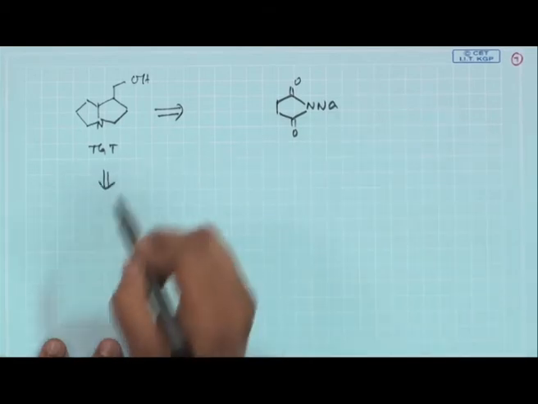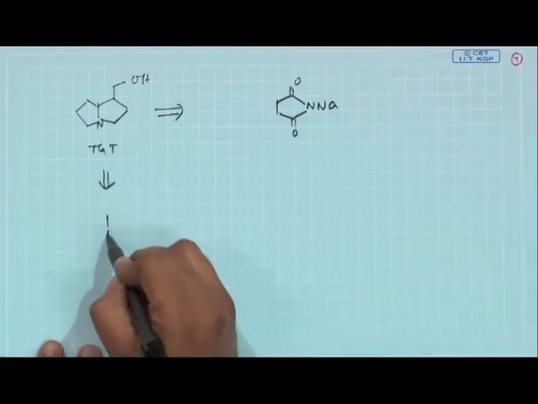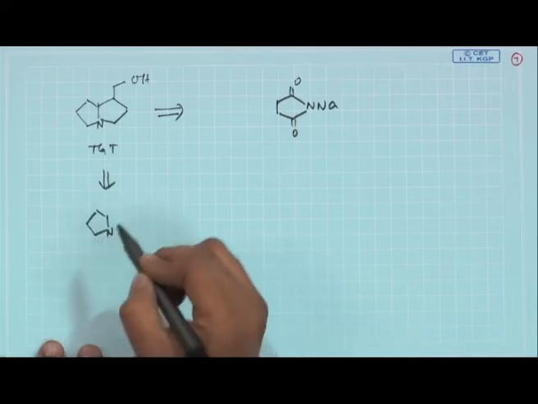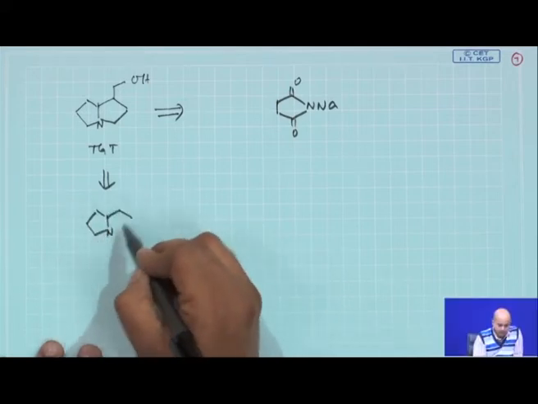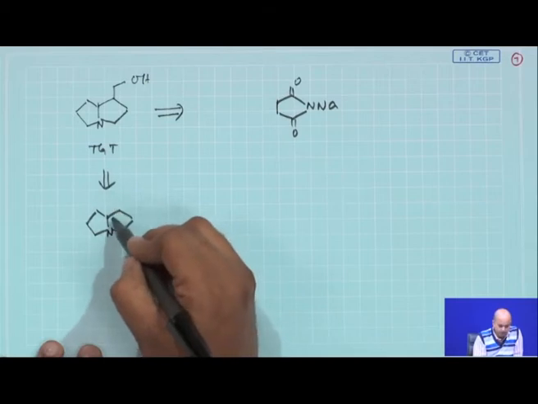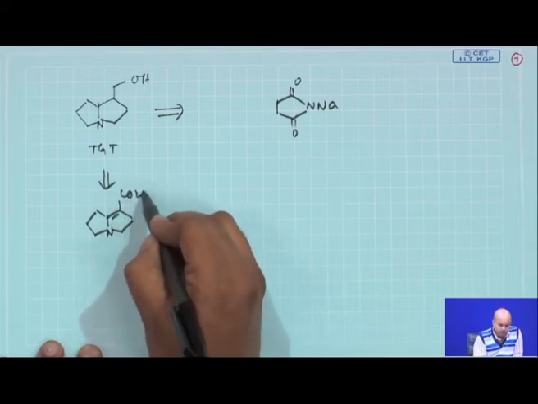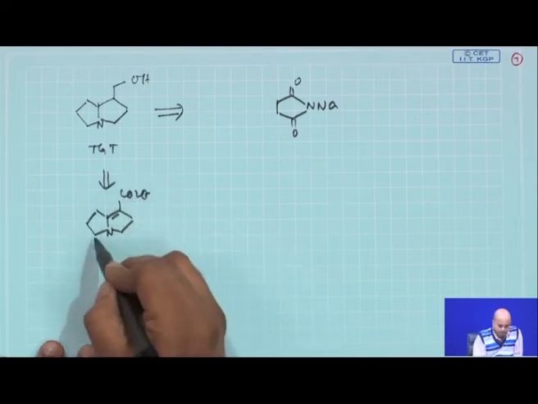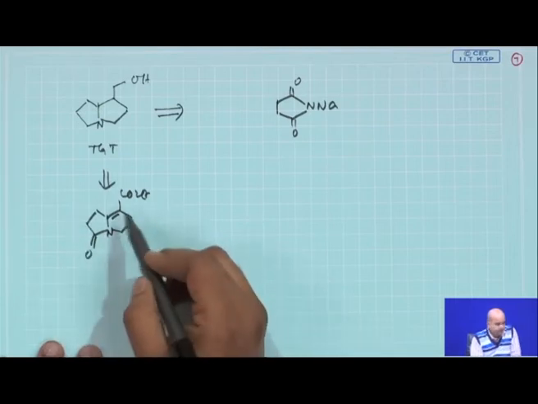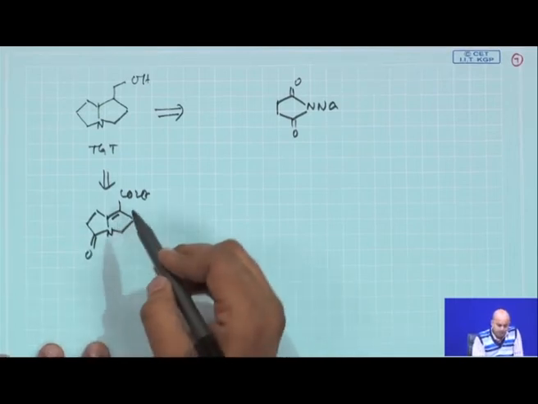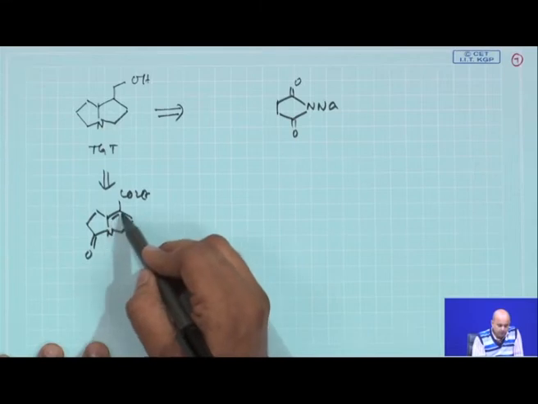Now, as we do not have too much time, we will just try to do the retro in a conventional way, and we will say that you can access this compound this way by simply doing a hydrogenation here.